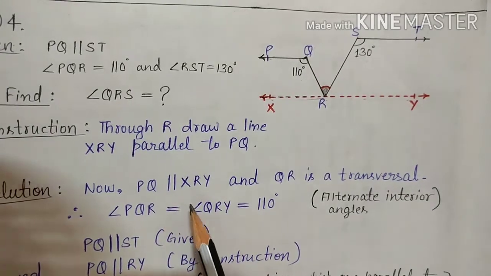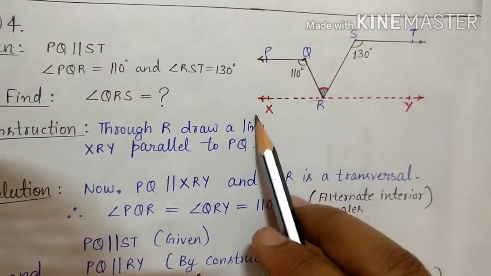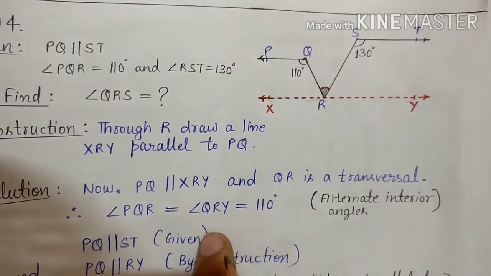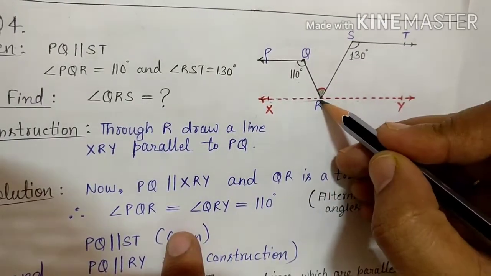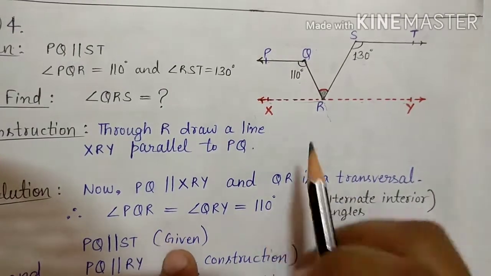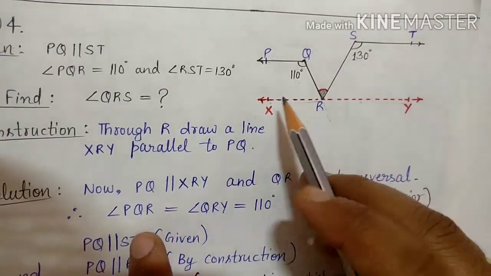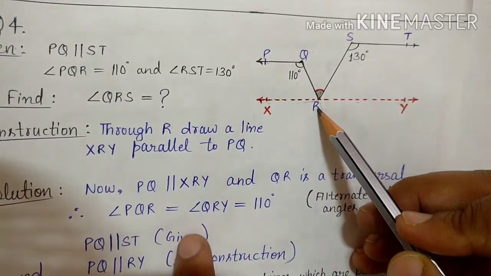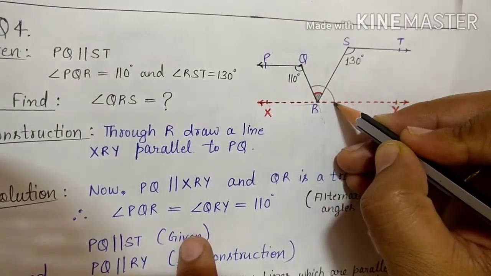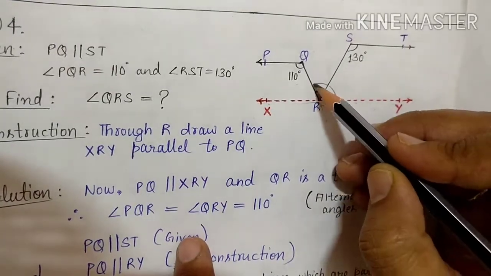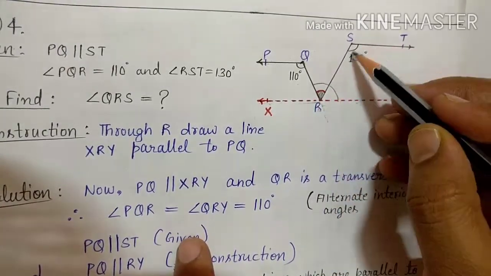Now PQ is parallel to XRY, by construction. And QR is working as a transversal. Therefore we can say that angle PQR equals angle QRY. This full angle QRY includes QRS and SRY also.